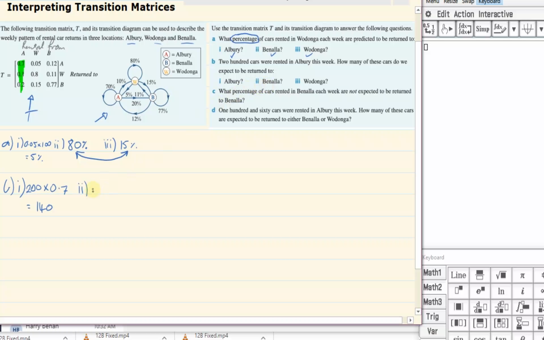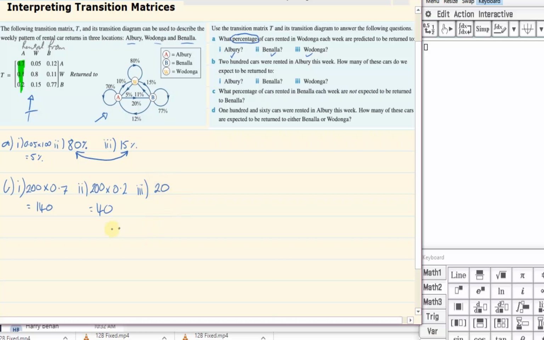The next one is Benalla. How many of those cars are returned to Benalla? Down the bottom here, 20% or 0.2. So 200 times 0.2 is equal to 40. 40 cars are returned. And last of all, how many are returned to Wodonga? 0.1 or 10%, and we know that that is 20.